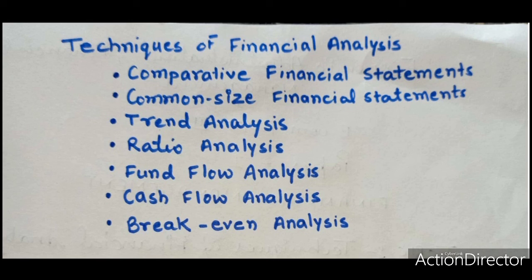And the last technique of financial analysis is break-even analysis. Profit is a function and resultant of the interplay of cost, profit, and volume. For example, if production or sales volume declines and other factors like fixed and variable cost and selling prices remain unchanged, then profits will reduce on account of increase in per unit fixed cost.